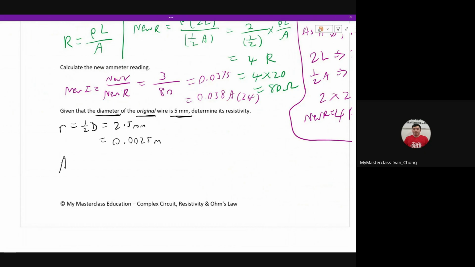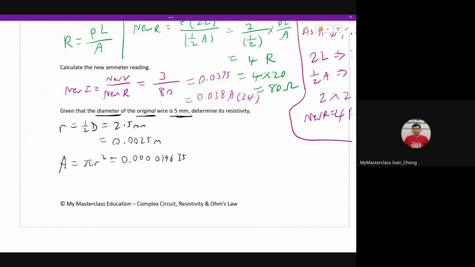Next, you want to find area first. So area is pi r squared. So we're going to use pi r squared, and you will end up with a very, very small number. So 0.000019635.